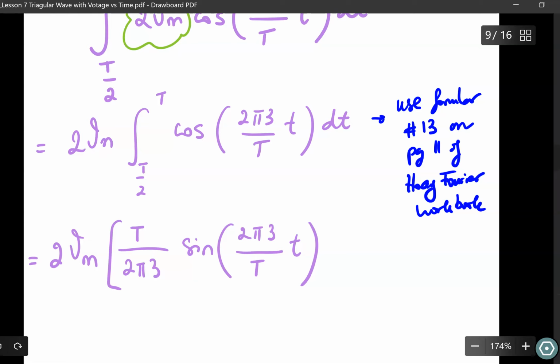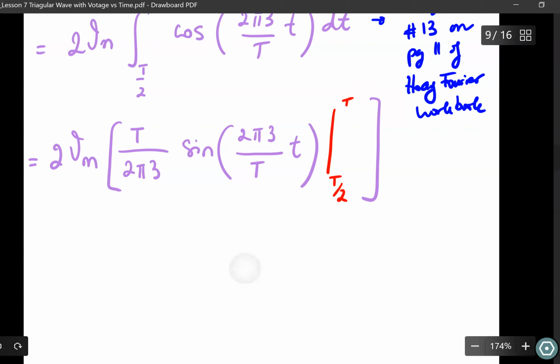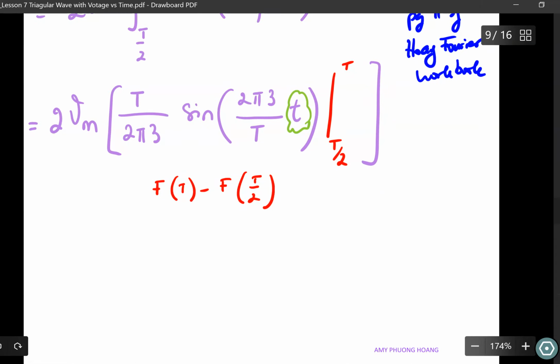I have to evaluate this from T over 2 to T, apply the fundamental theorem, so I should have now F of T subtract F of T divided by 2, and don't forget here is the t, where you will substitute in the values for the upper and lower limits.